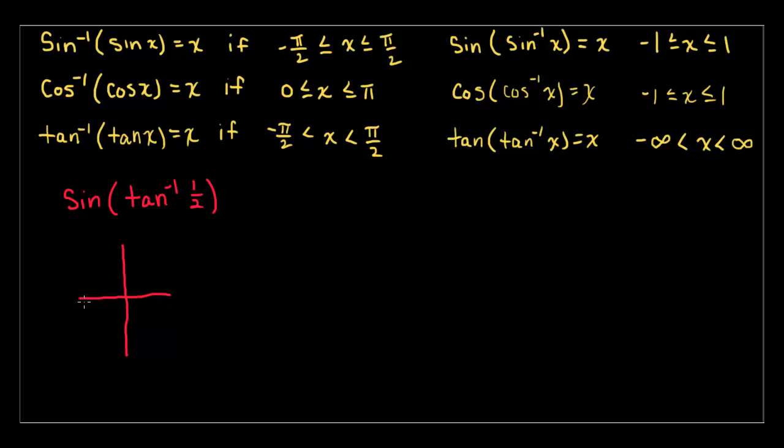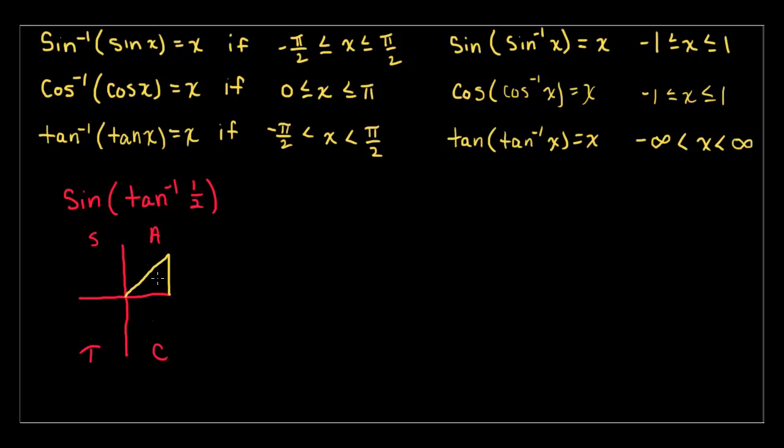That means that we're either in the first quadrant or the fourth quadrant. Now recall, all students take calculus. The tangent is positive in the first quadrant and the third quadrant. Since the inverse tangent is of positive 1/2, we draw our triangle in the first quadrant.